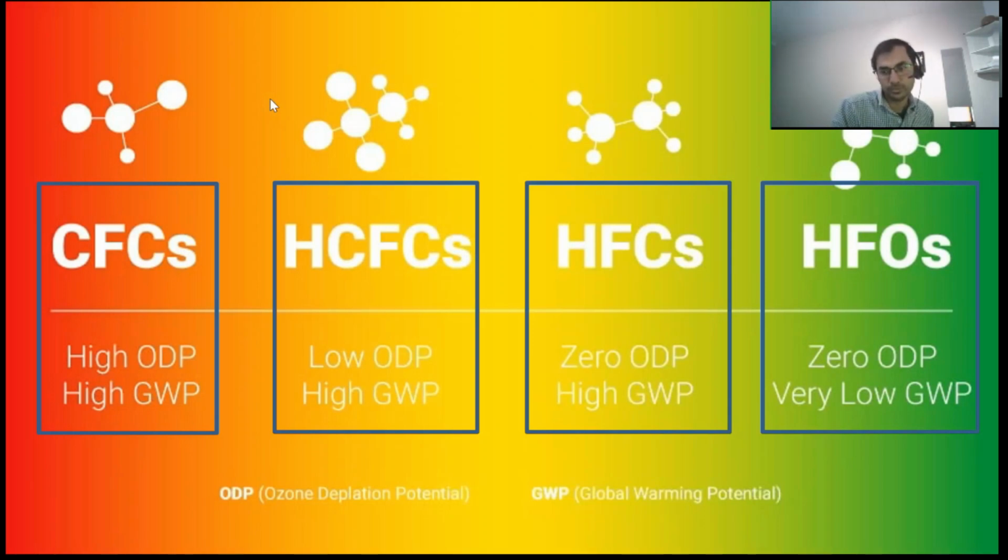Now we are in the HFO stage, and maybe in future some refrigerant will come which will definitely be better than that also. So research is going on continuously, and a lot of machines are already running with CFCs and HCFCs. So there are many criteria for which year they will be obsolete. A lot of protocols and other efforts are going on for refrigerants to protect our environment.